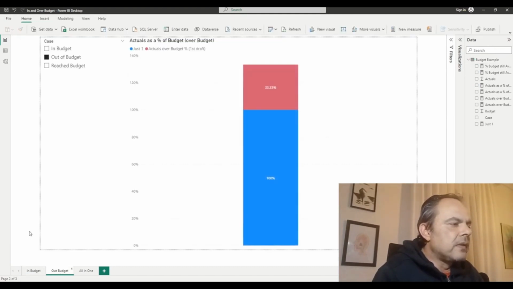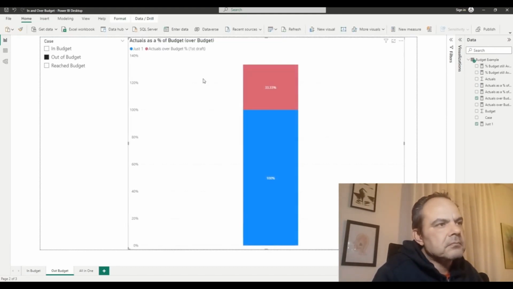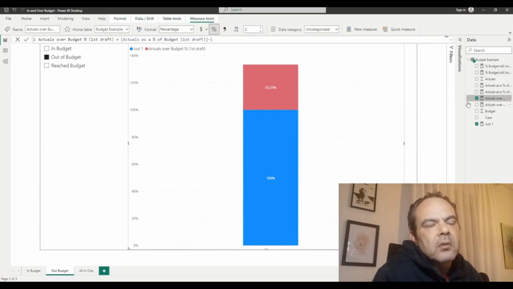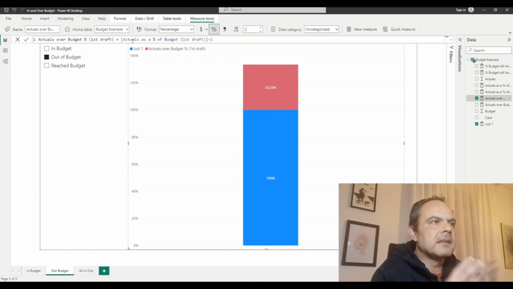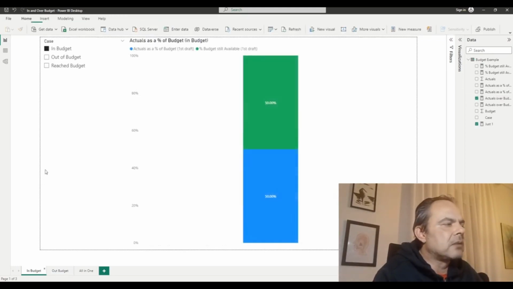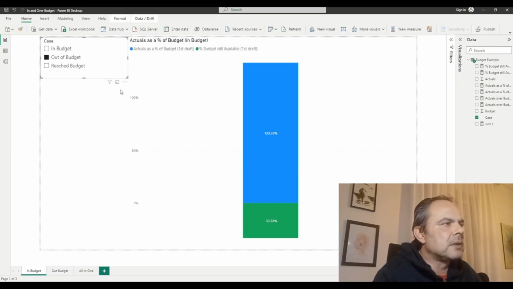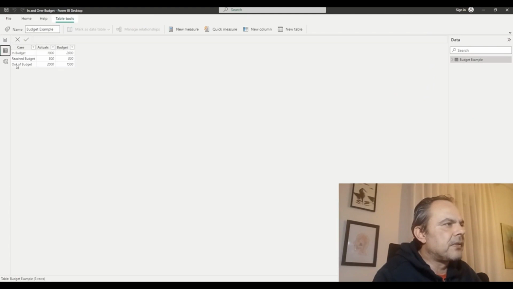If we go to the out-of-budget case, the actuals over budget would effectively be the percentage of actuals already spent minus 1. So if we go back to the first case and see what would happen if the actuals were over the assigned budget, that's case number 3.